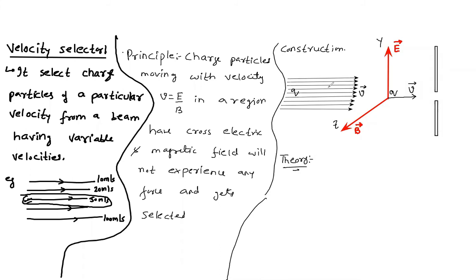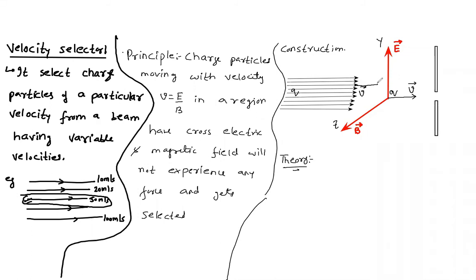See, the charged particle moving in this region will experience both electric as well as magnetic field. So the charged particles will experience electric force as well as magnetic force. Due to electric and magnetic force, obviously if a force is acting on a charged particle, then its path will get deviated.